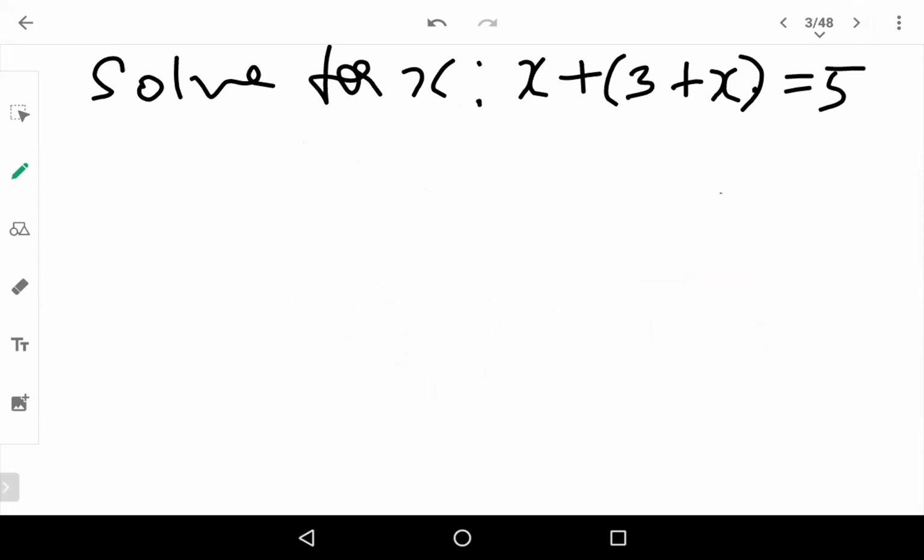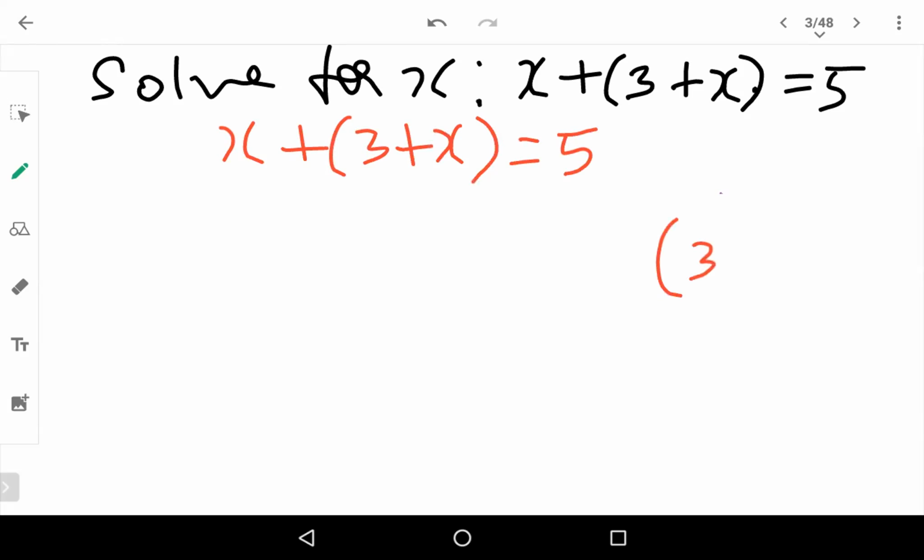Solve for x where x plus 3 plus x is equal to 5. Now if you see, for 3 plus x, there are brackets given to that. Now when they have given brackets, we have to remove these brackets first and then solve the problem.